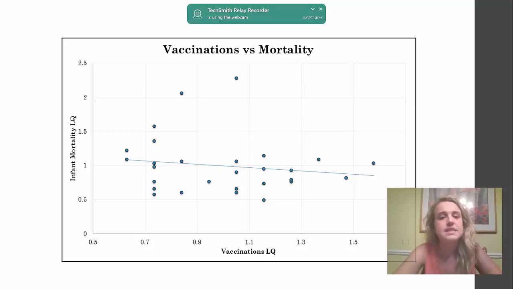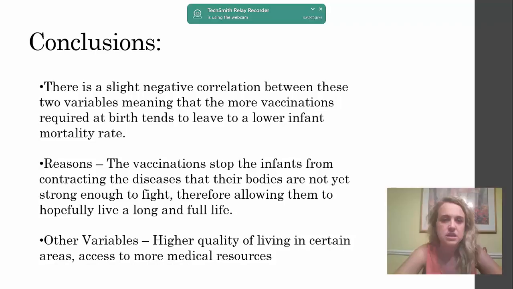So looking at this on a scatter plot graph, you do kind of see a small correlation with them, and it tends to go in a negative slope between the infant mortality and the vaccinations.